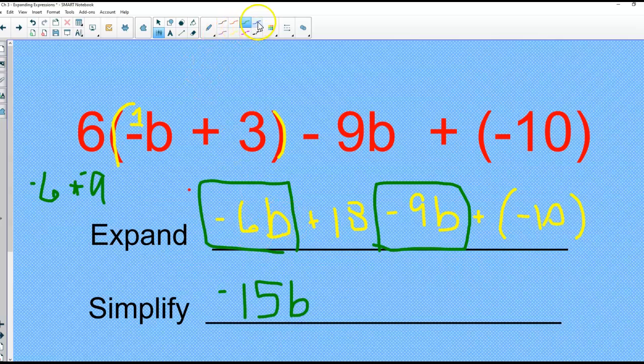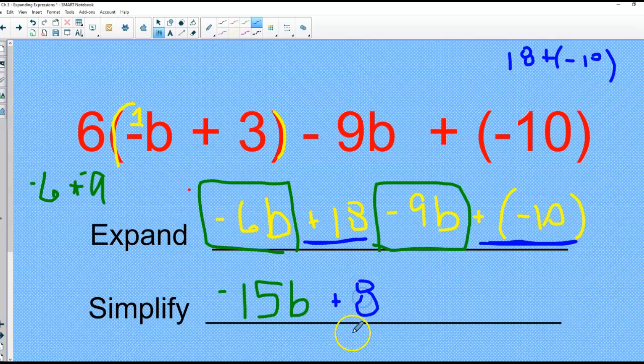Okay, and if I keep going here, my constants, this one says plus 18 and plus a negative 10. So when we solve that, 2 different signs, subtract, take the sign of the larger number, you will get a positive 8. Okay, and again, there's nothing more to combine. We've done everything we can do right now.